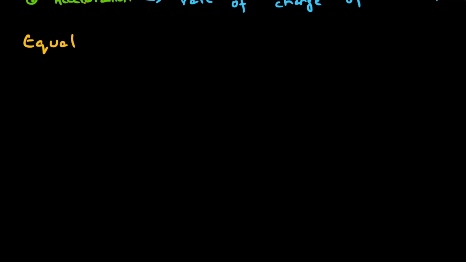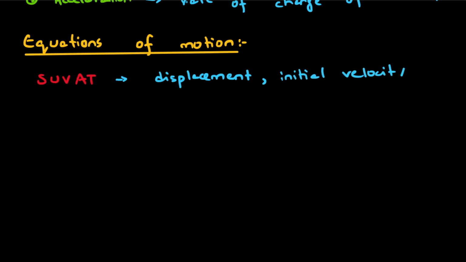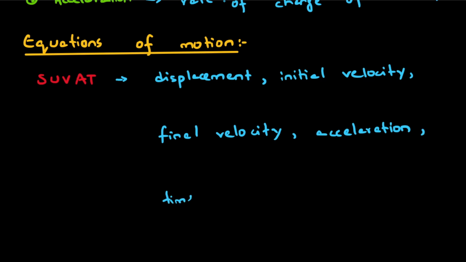The equations of motion. I termed them as SUVAT because this is an abbreviation for displacement, initial velocity, final velocity, acceleration, and time.